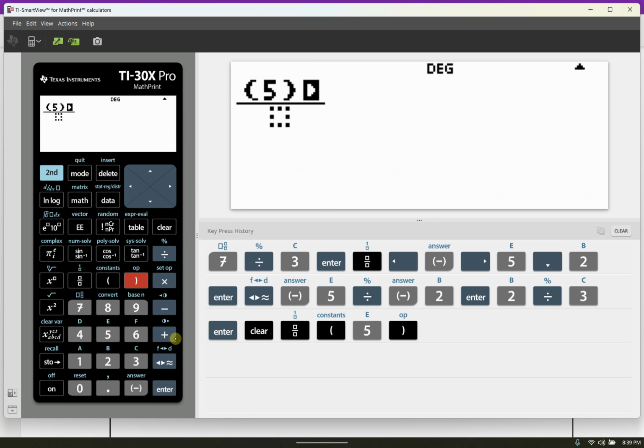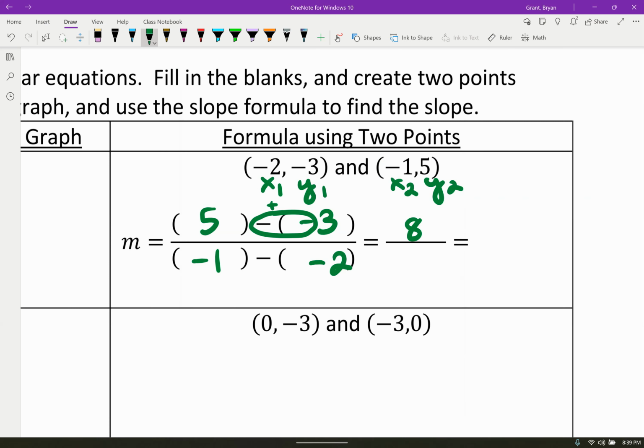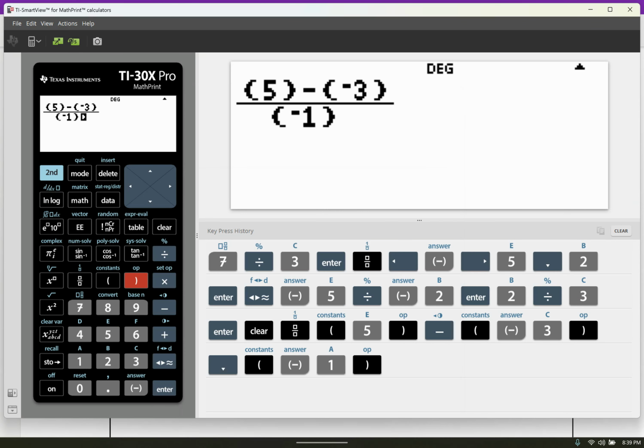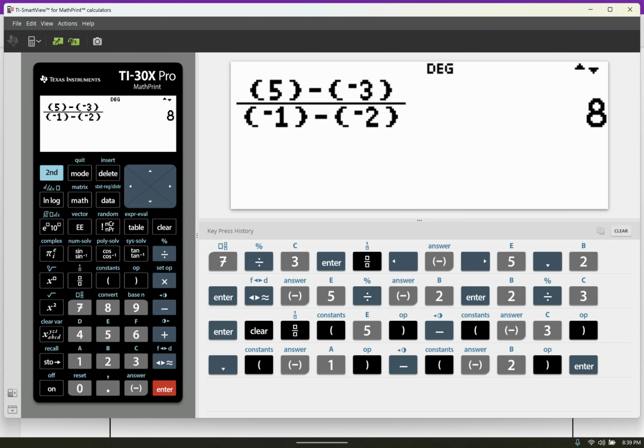So we've got 5 minus, and then we need to get negative 3. And it's very important on your calculator you get those separately. Same thing down below. It was negative 1 minus negative 2. So minus parentheses negative 2. And if you get that all set up correctly and hit enter, it'll tell you it's just 8.